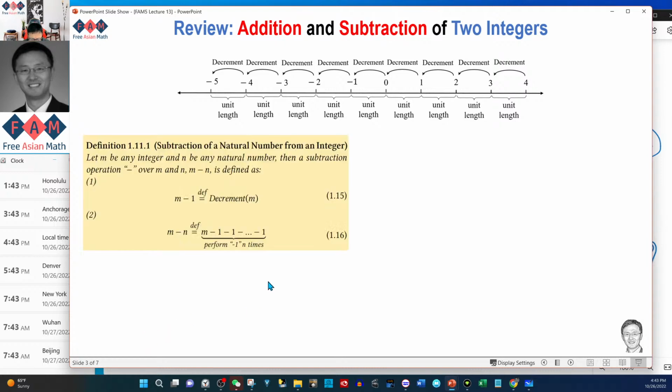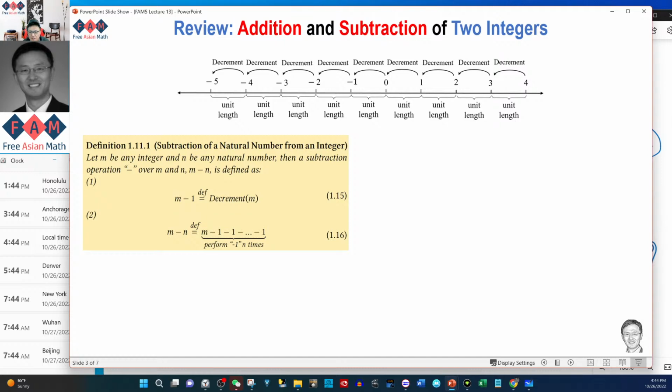First, we consider what happens if the number being added or subtracted is a natural number. So we first, without considering the second number being negative, only consider that the second number is positive or 0, a natural number. But we do relax the first number.